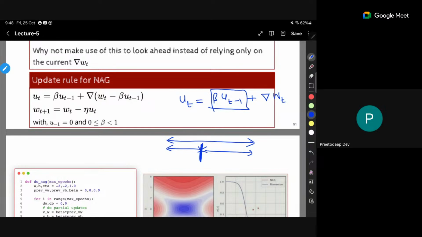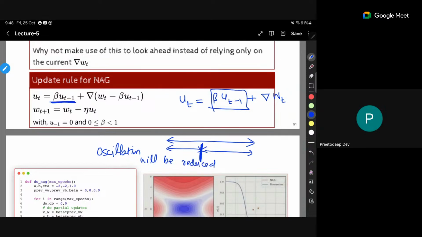So first I'll look ahead, and then I'll decide should I move in that direction. So this will help us in having less oscillation. So oscillations will be reduced. Okay? Help of that, and it's straightforward.